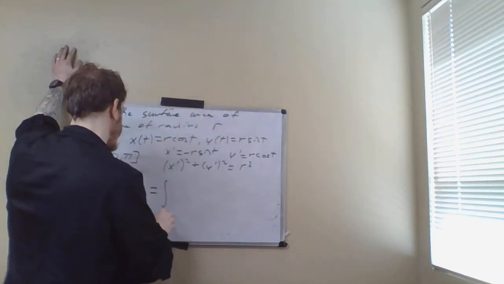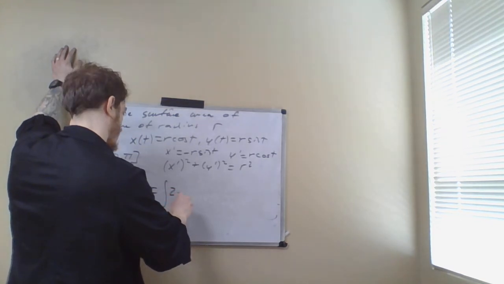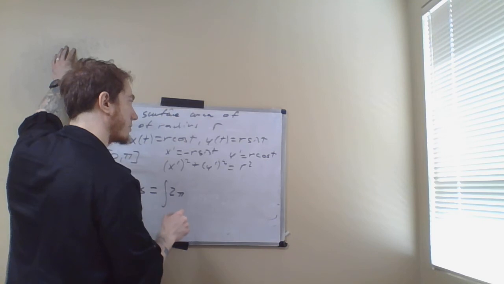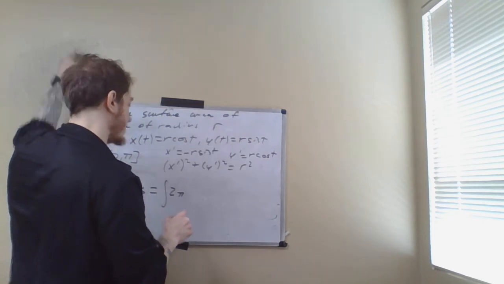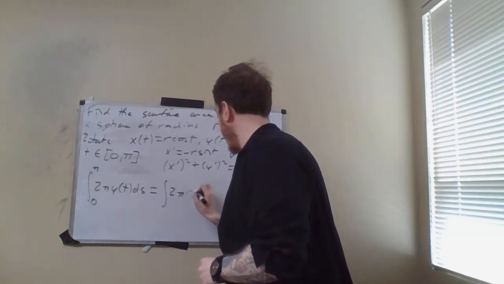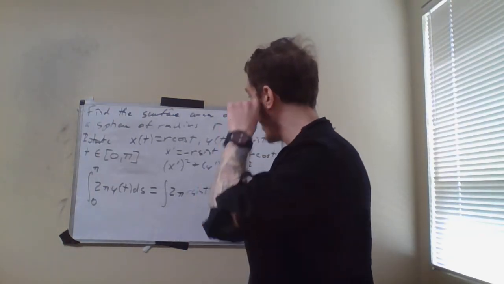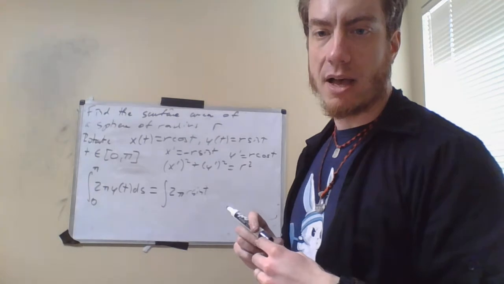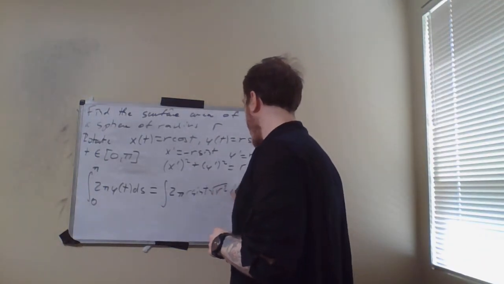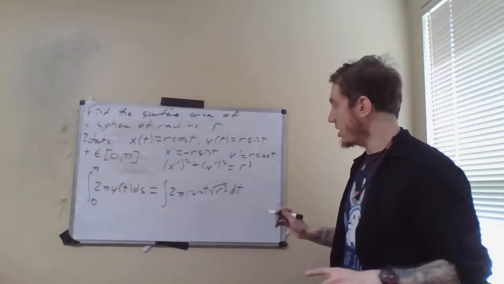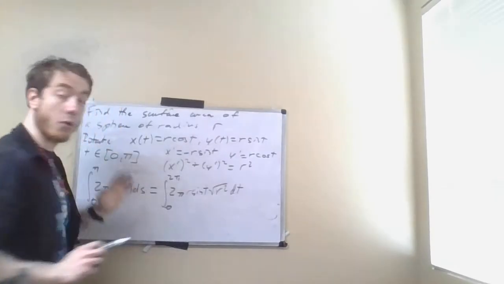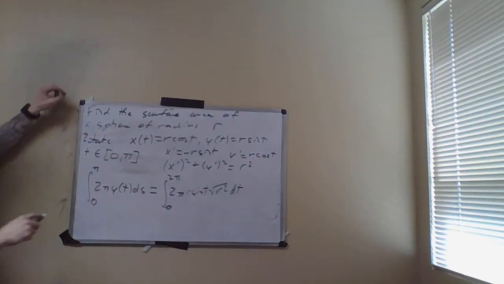Well, this is going to be the integral of 2 pi times y of t, which is r sine t, and then the square root of r squared dt, from 0 to pi.